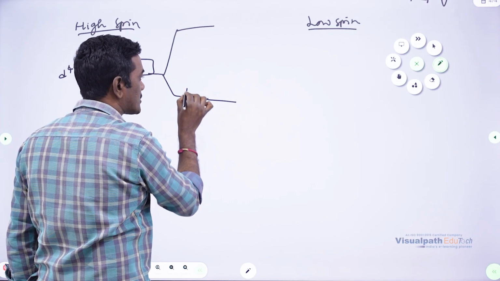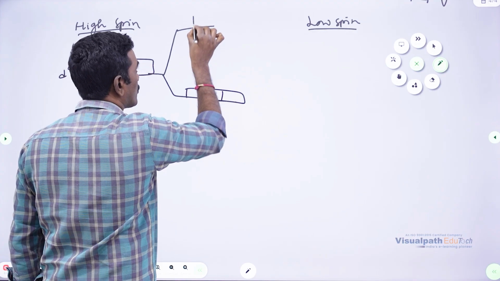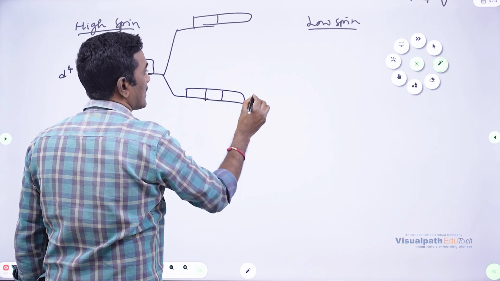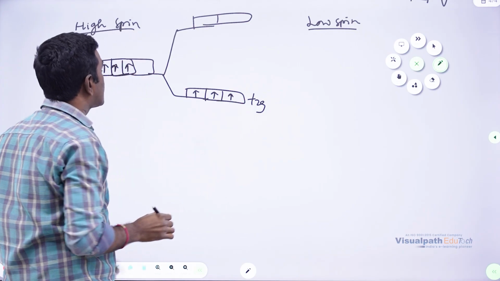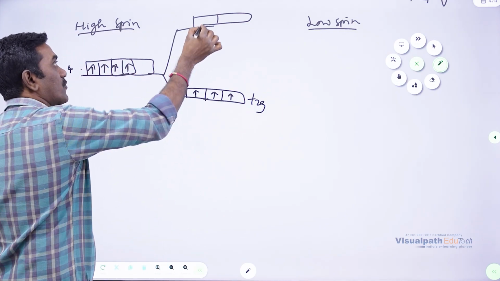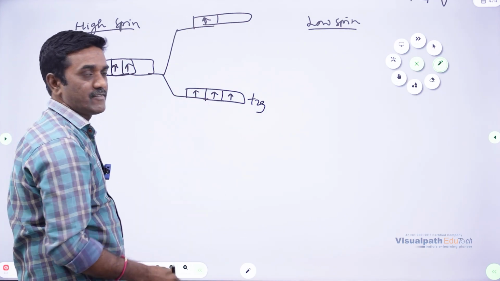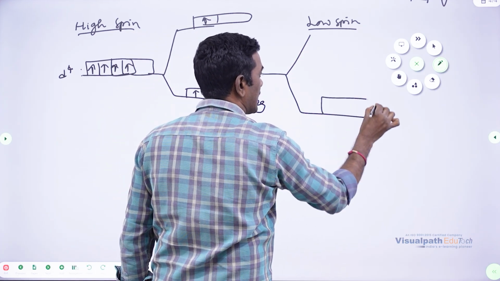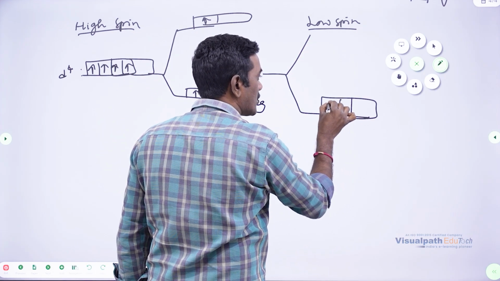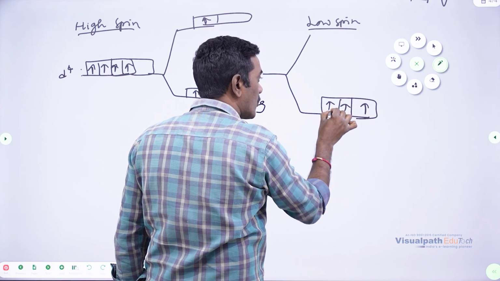It's going to be t2g and eg. t2g 1, 2, 3. As it is a high spin complex, we have to enter the electron in the higher energy level. The same way, for low spin complex, the electron will enter where? The electron will enter in the lower level only.